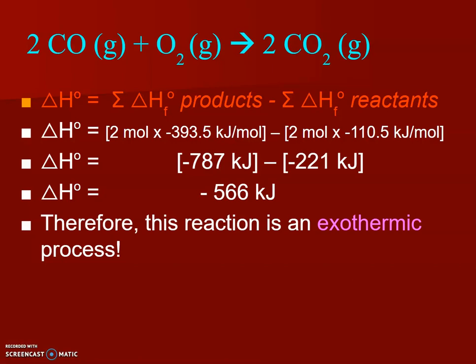We get 2 times negative 393.5 and 2 times negative 110.5, and I couldn't fit the 0 in there, but it equals negative 787 minus negative 221 equals negative 566 kilojoules. So this indeed is exothermic.